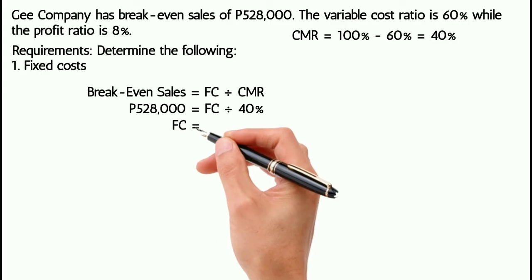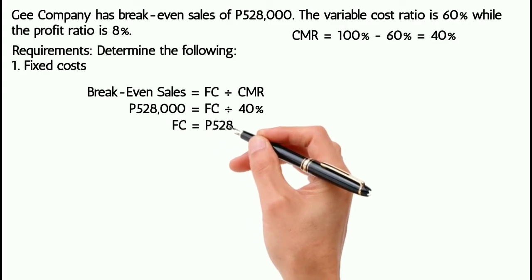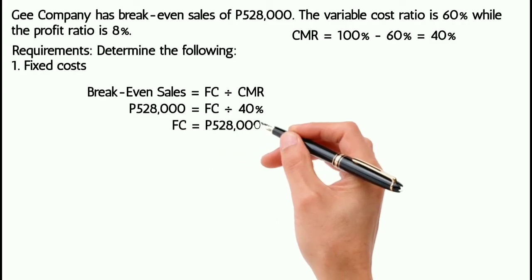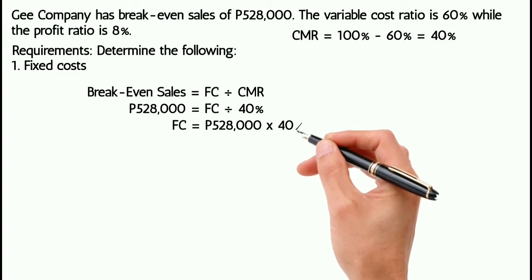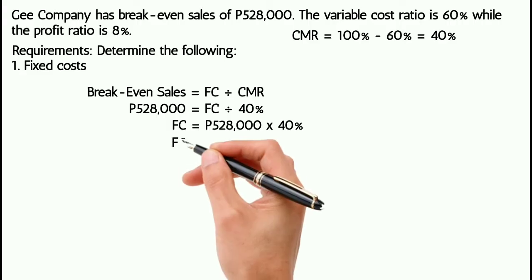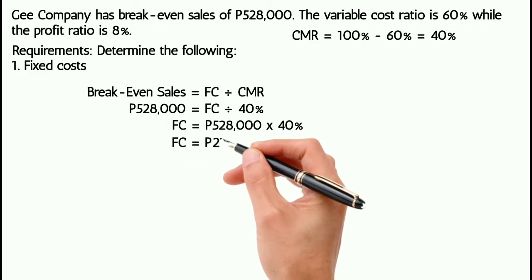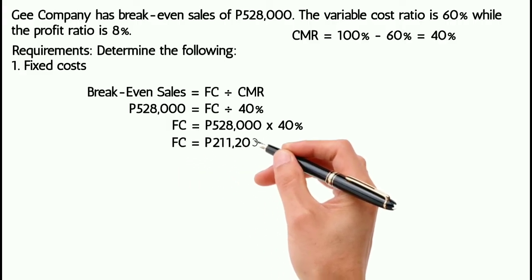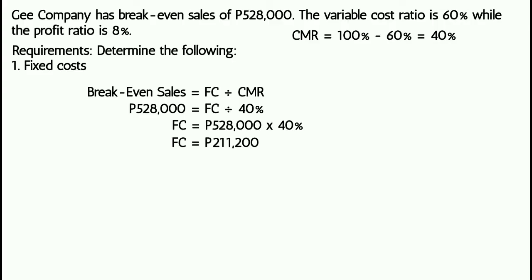That will become fixed costs is equal to 528,000 pesos times 40%, that is equal to 211,200 pesos. And that is the answer in requirement number 1, fixed costs.